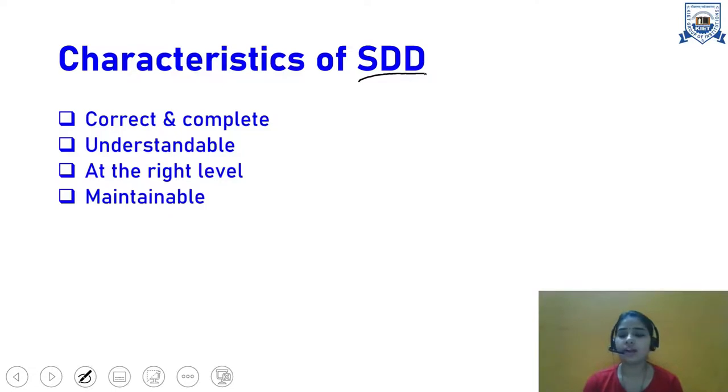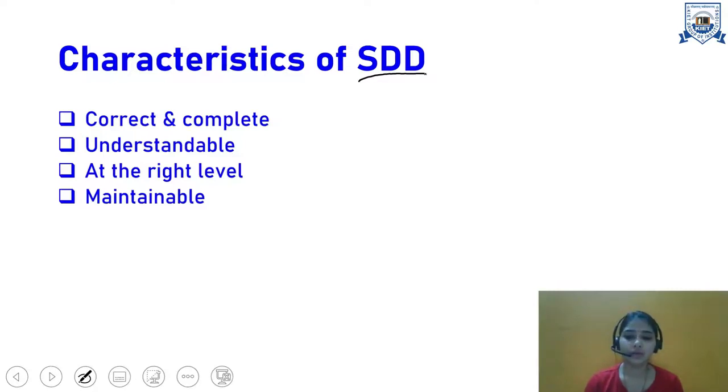I hope you have studied the DFD. In the DFD you will see level 0, level 1, level 2, according to the processes. So at the right level, the design document should be completely written. It should be maintainable. If there is any modification from the customer side or any updation, then the document should have the capability to be maintained.